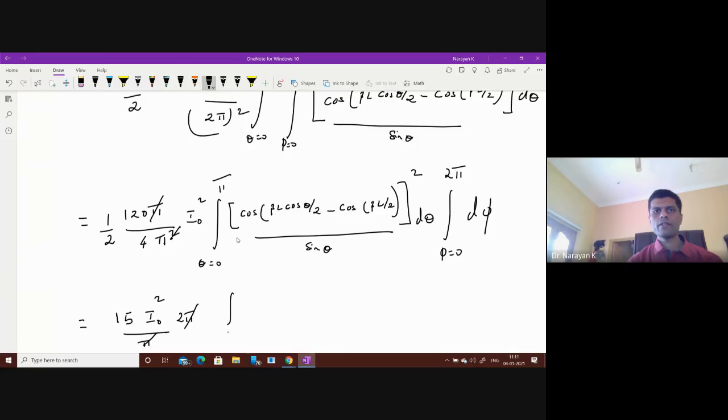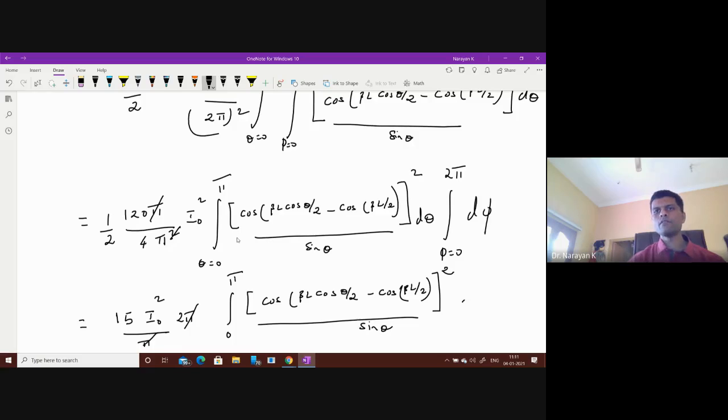This will again be 0 to pi integration of cos of beta L cos theta by 2 minus cos of beta L by 2, whole square divided by sin theta d theta.